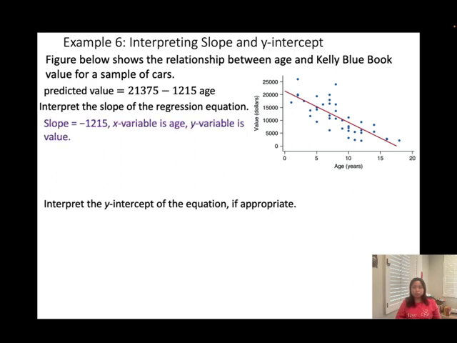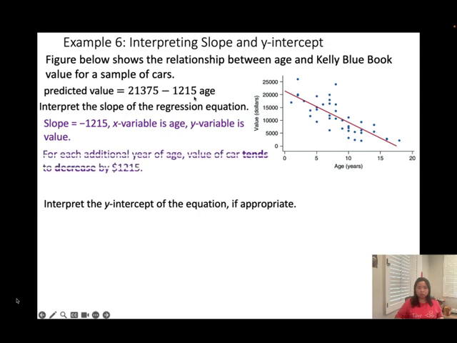Okay, the slope is negative 1,215. The x variable is the age. The y variable is the value of the car. So to interpret the slope: when the age of the car increases 1 year, the value of the car will decrease, because this is negative, by about $1,215.